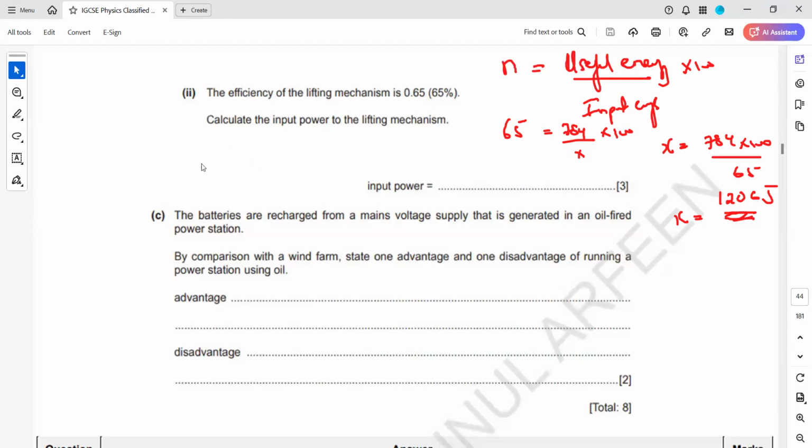Both ways are correct. Power is energy divided by time, so 1206 divided by 5.4 gives the same answer, 223. So you can do this question both ways: find the useful output energy, like useful power, and use the efficiency formula, or first find the total input energy and then divide it by time to get the final power.